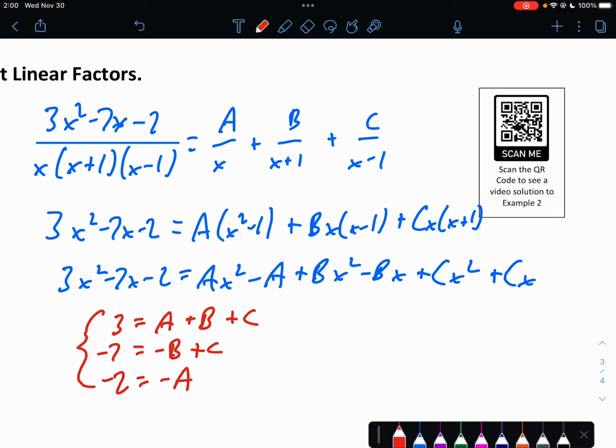So that first one, obviously, a is 2. Then we can put that in here. Actually, we can't put that in there. We can put that in here, and we get 3 equals 2 plus b plus c. So 1 equals b plus c.